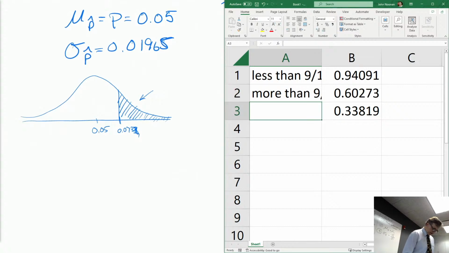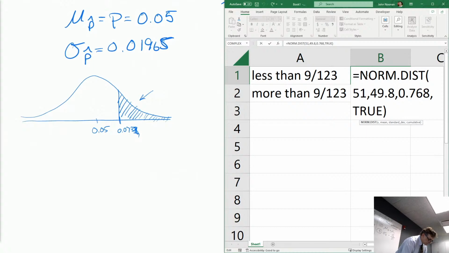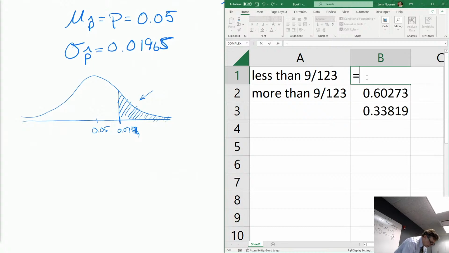Just to explain, since Excel can only think in terms of the left, I have to fool Excel into giving me what I want. And so what I'll do is I'll just do equals norm dot dist of 9 out of 123.